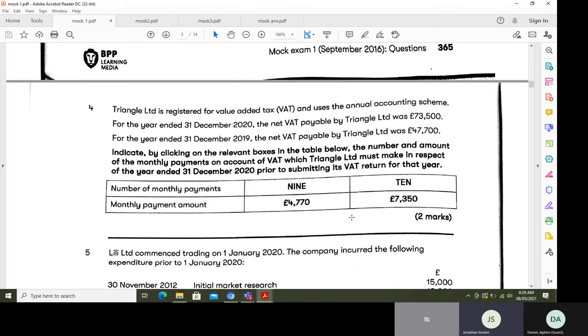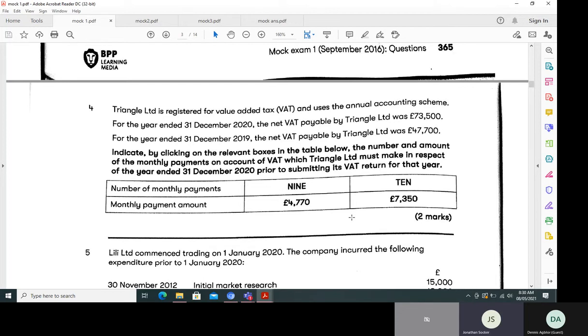However, payment of the VAT is not only done after the end of the year. We have to do what we call payment on account. Note the difference between payment of the VAT and the filing of the return. Payment is paying the amount involved.